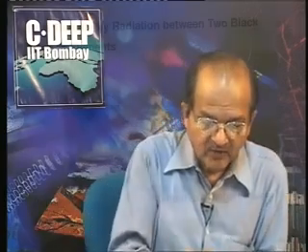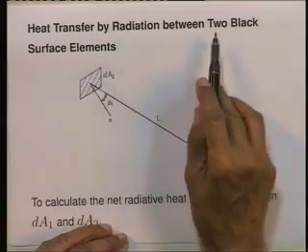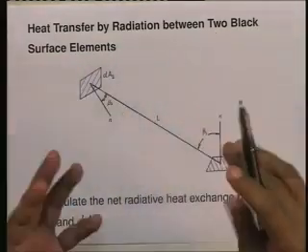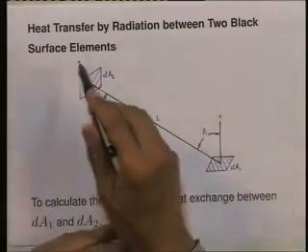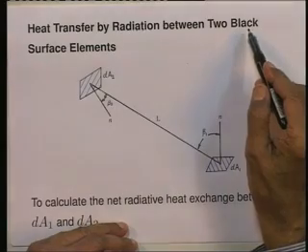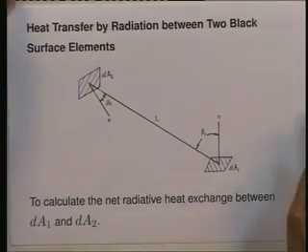So, let us do that now. We are going to study the heat transfer by radiation between two surface elements. To simplify matters, first instead of taking finite surfaces, we will take two surface elements, and to also simplify matters, we will assume that they are black. That is our initial assumption, mind you. Later on we will be able to deal with other situations.